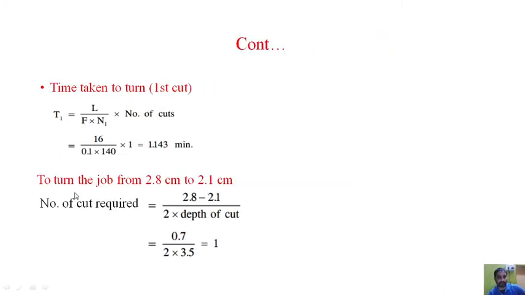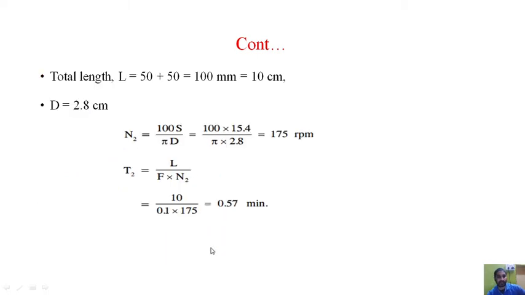For the job to turn in the second cut from 2.8 centimeter to 2.1 centimeter, one cut is required: 2.8 minus 2.1 is 2 times the depth of cut, so one cut is required. The length is now only 50 plus 50, 100 mm. The middle we do not take because it has already finished to 2.8.